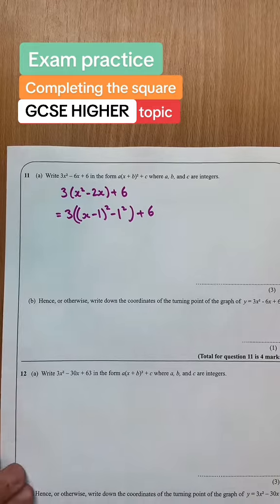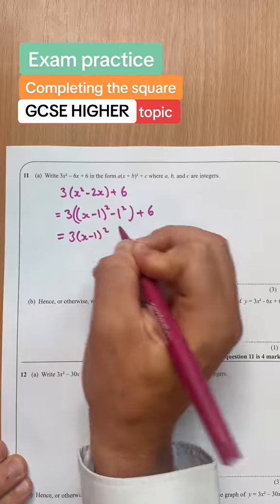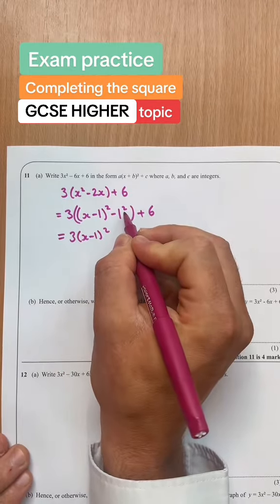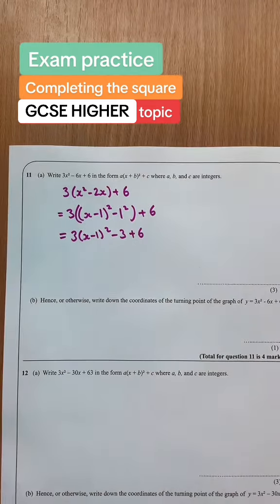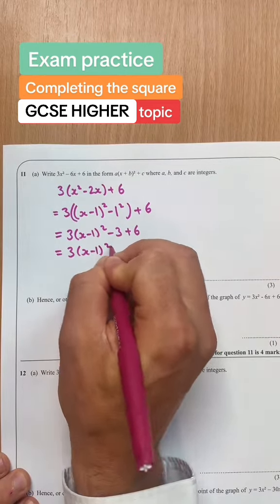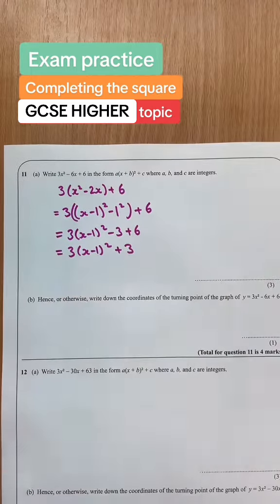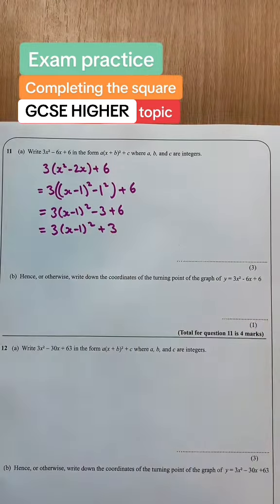And then from here, we're going to expand this, so it'll be 3 times (x minus 1) squared. Minus 1 squared is just minus 1, so times by 3 will be minus 3, and then plus 6. And then to finish, you just got to simplify the numbers. So 3(x minus 1) squared, and then plus 3.